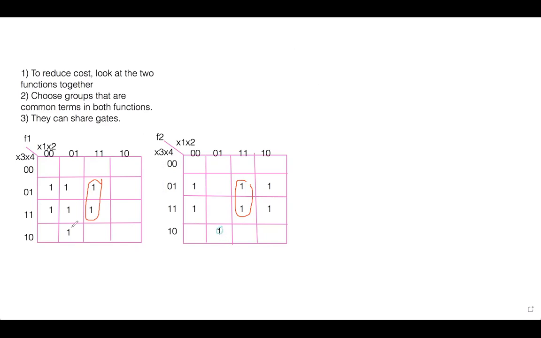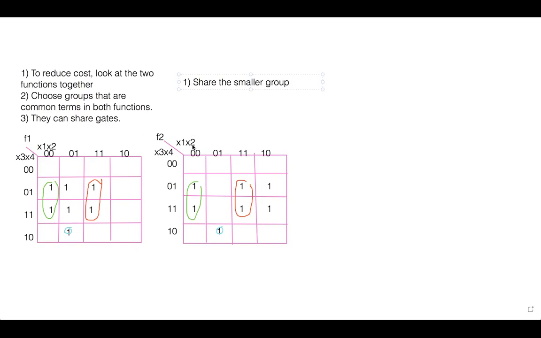And you're probably wondering, why in the world did I not circle this group over here? Because these two are in common as well. And I agree totally. And I'm like, why should we not? Well, there's a very special case. So the strategy here, and why I'm not collecting that green term, is that you're going to share the smaller groups.